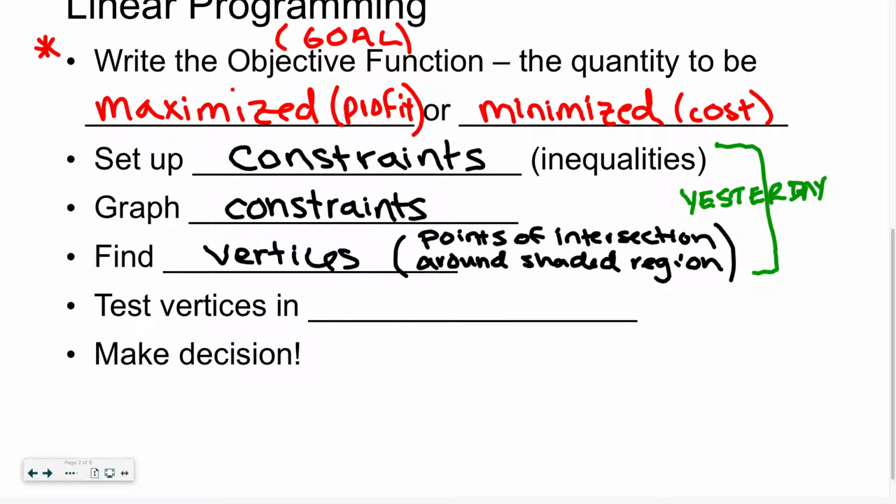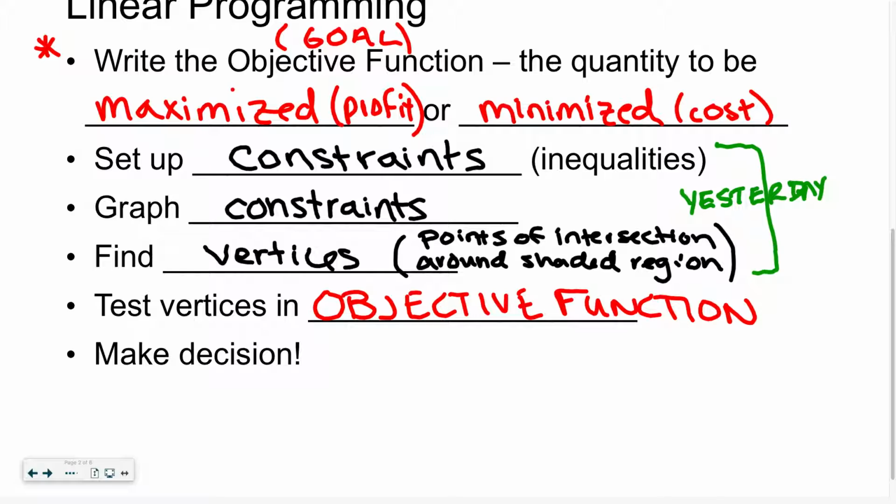If a maximum or a minimum exists, it will happen at the vertices. So you are going to test your vertices in the objective function. So that's new to us, right? Yesterday we didn't have the objective function for profit or cost. Now we're going to add that in, okay?